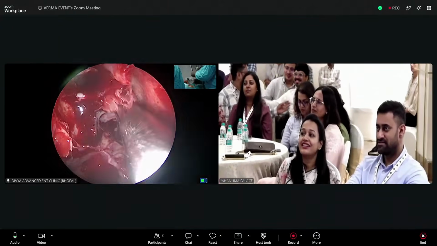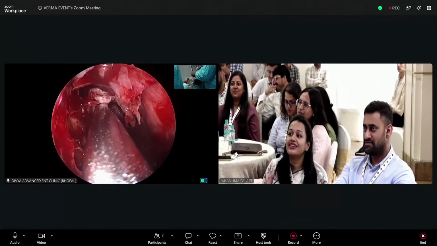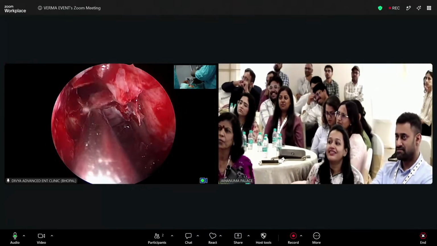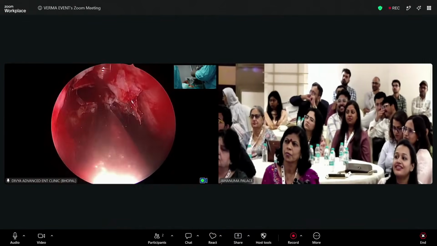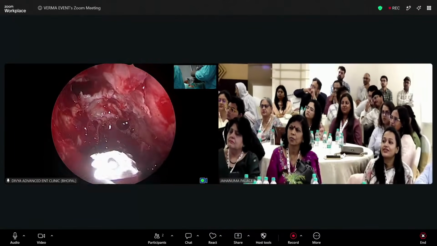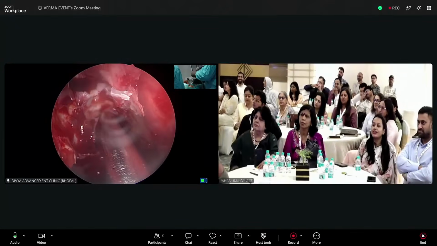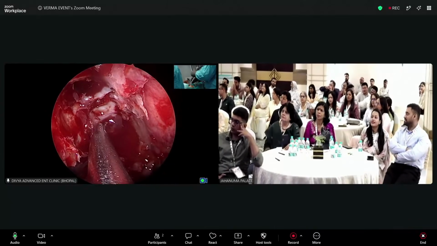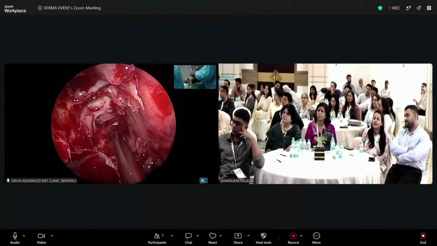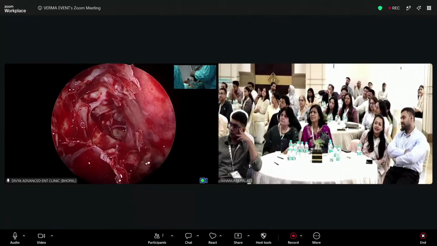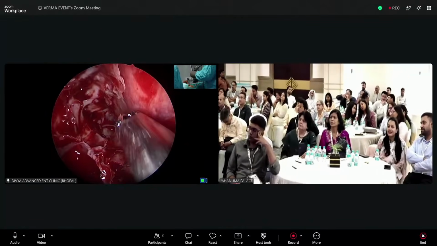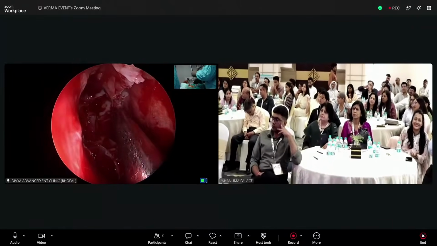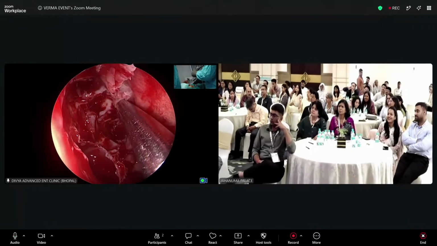Now the same turbinate, the posterior ethmoids, following from posterior to anterior. Simple 0 degree so far, and the posterior ethmoidal skull base getting exposed. This is the remnant of the turbinate. Keep following this.